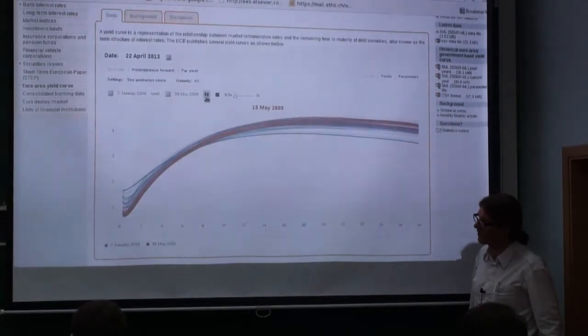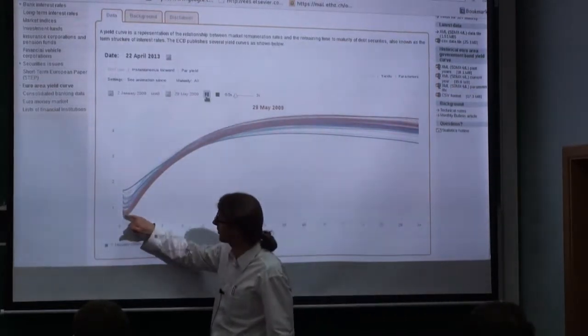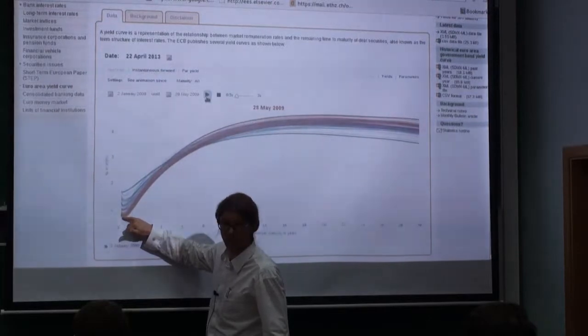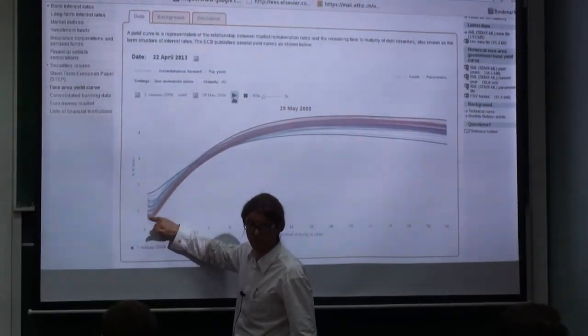At the moment I would stay on a descriptive level, so I would not like to explain it. I rather see that there is the short end of the curve. So this is the interest you receive when you give a loan overnight.